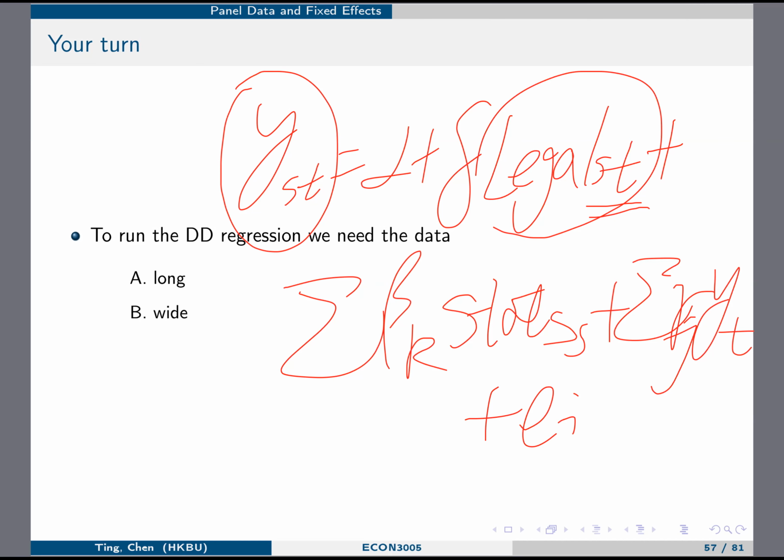So each observation will be the legal drinking age for one state and one year, the mortality rate for one state and one year, and then I generate a bunch of these dummy variables, right? So in what format should the data actually be?